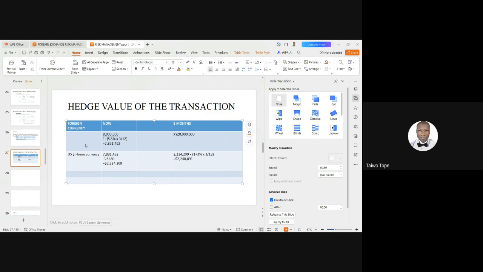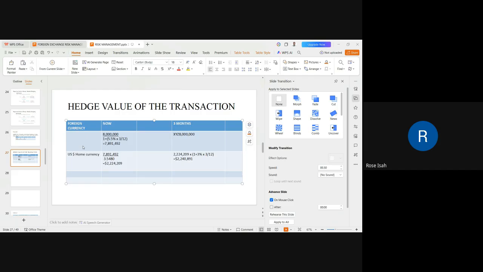So, Madam Rose, in your calculator, you can say 5.5 divided by 100, 0.055. Multiply by 3. Divide by 12. Plus 1.